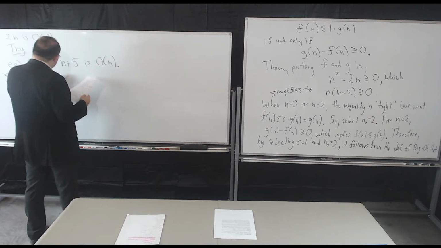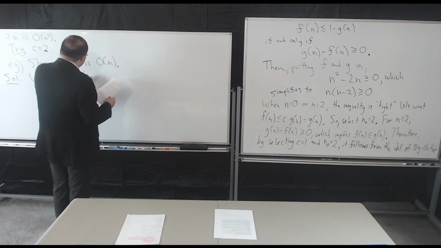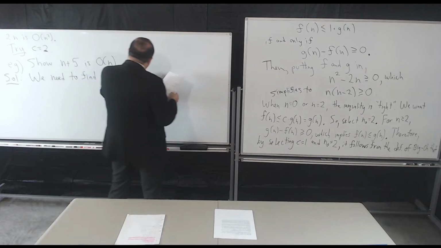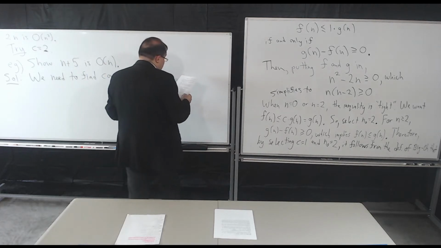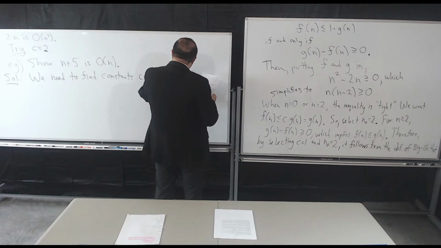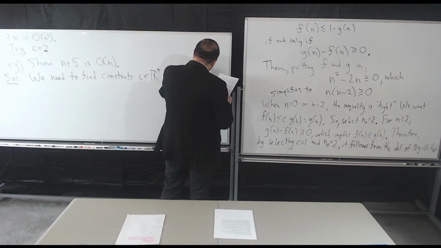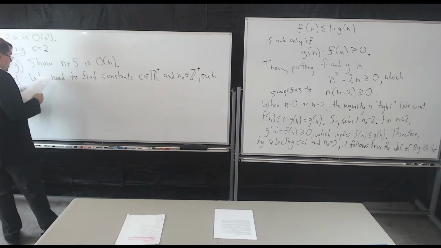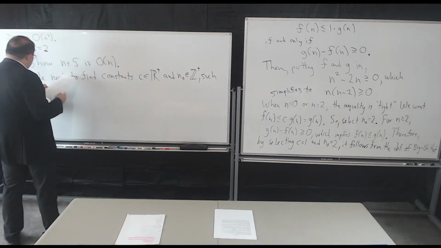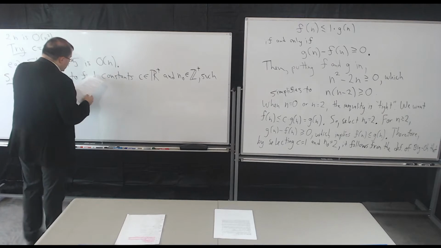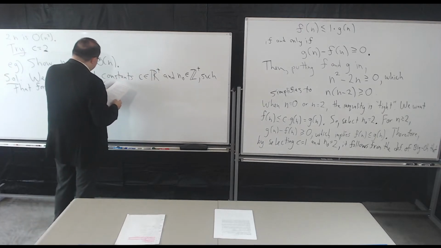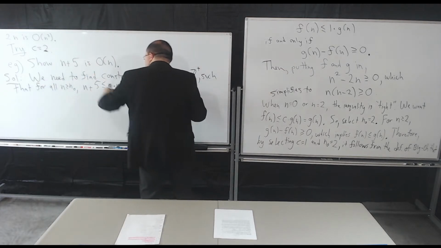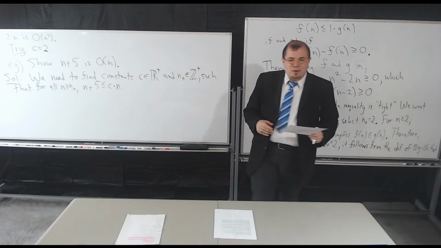We need to find constants c, which is a positive real number, and n0, which is a positive integer, such that for all n greater or equal to n0, n plus 5 is less than or equal to c times n. This is g right there. That's n.